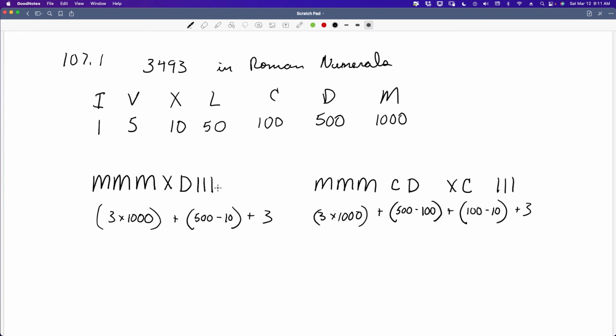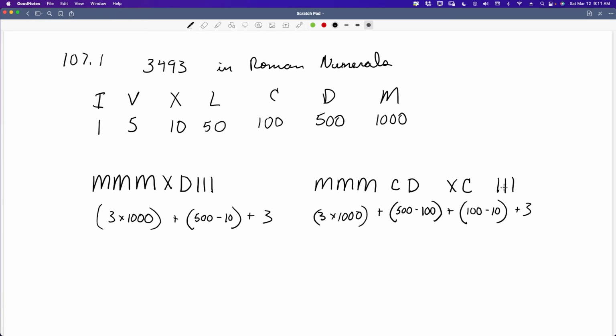This is the easier way to have written that number. It's the way that I would have done it if I were back then, maybe. But this was also a way to do it. So the same number could be written multiple ways, which was kind of confusing. And again, why this numeral system did not stand the test of time the way that the Hindu Arabic number system of 10 digits that has a place value did.